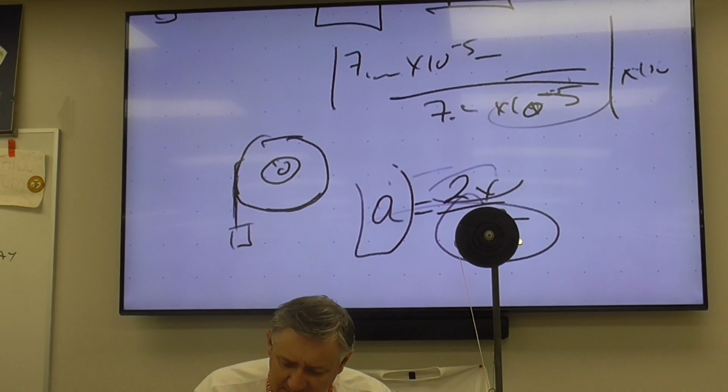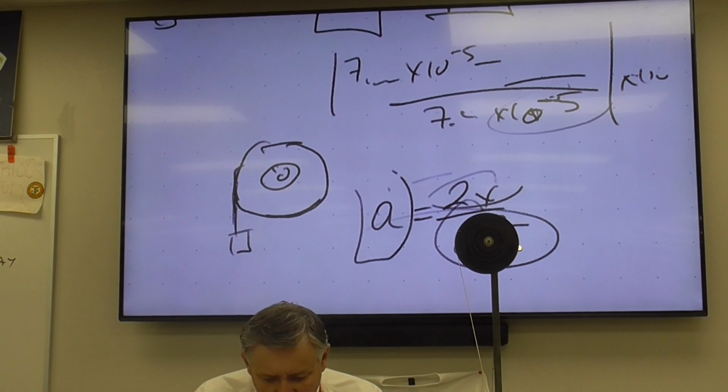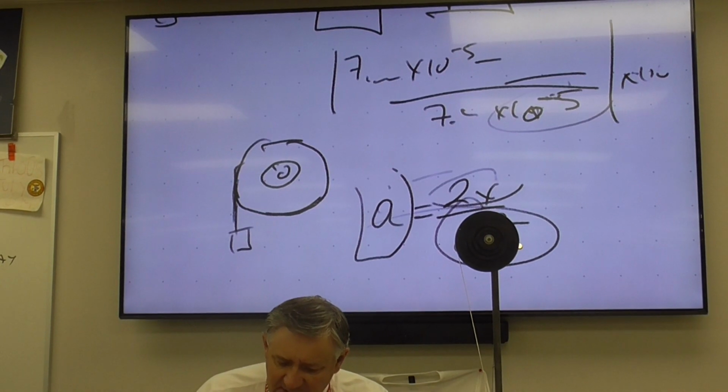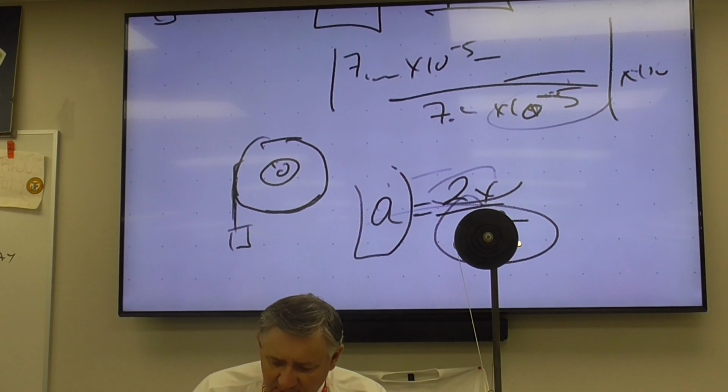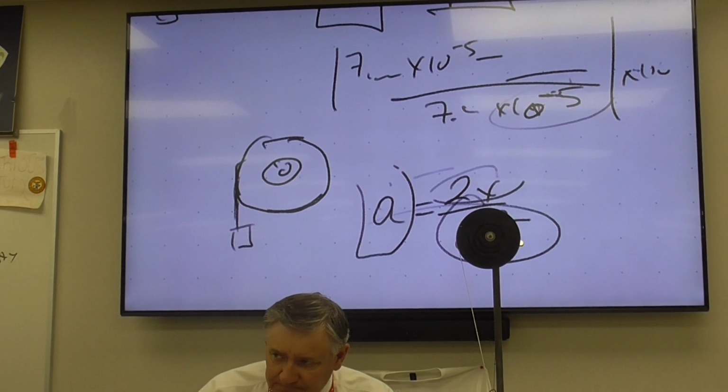On number 10, because if number 10 starts wrong, everything's going to be wrong. Your answer to 10A, that angular acceleration, should be a little bit less than your age right now.